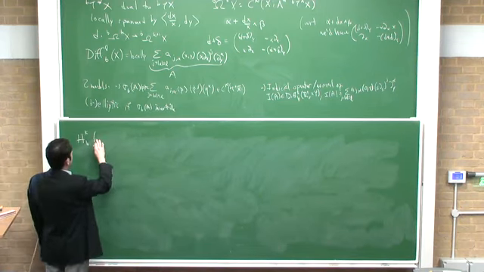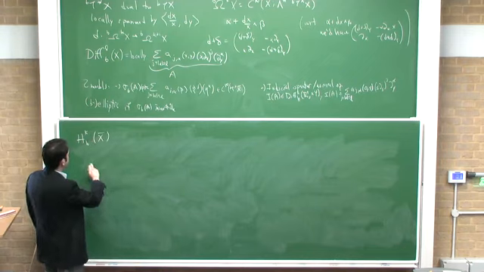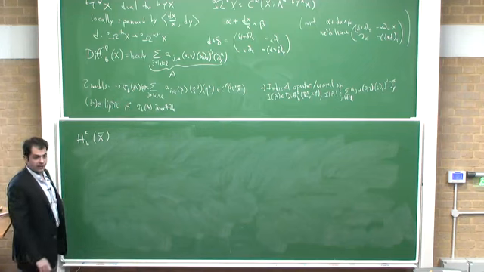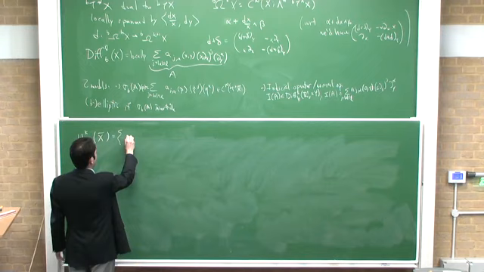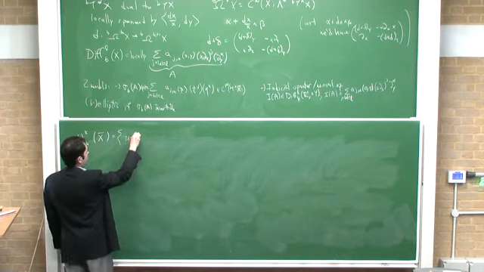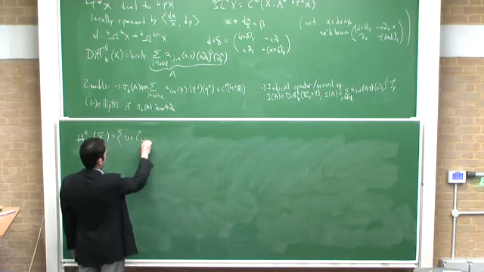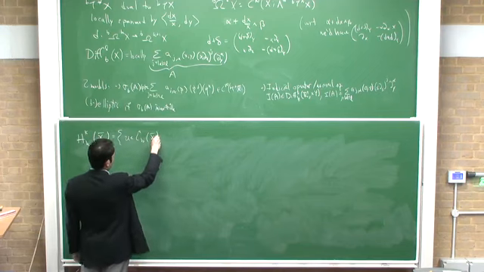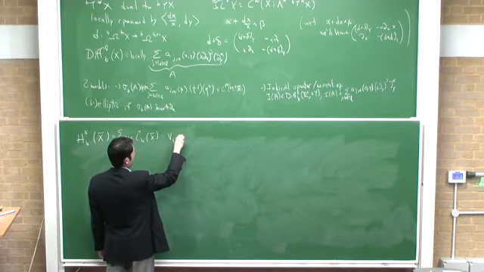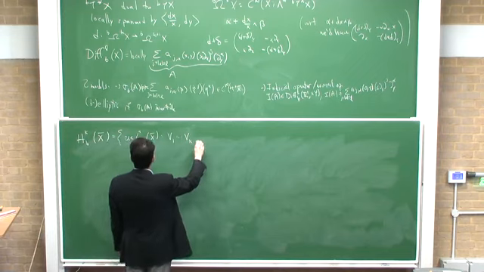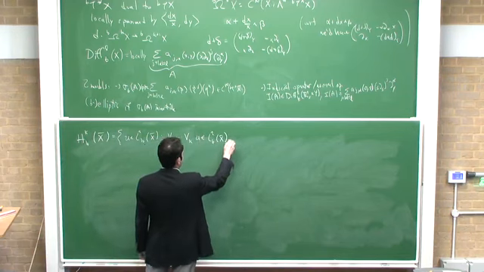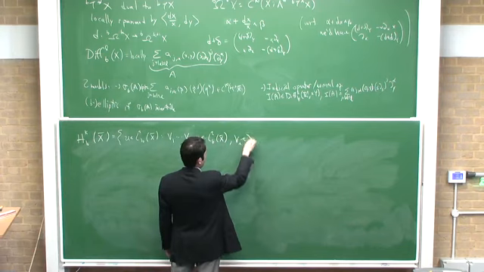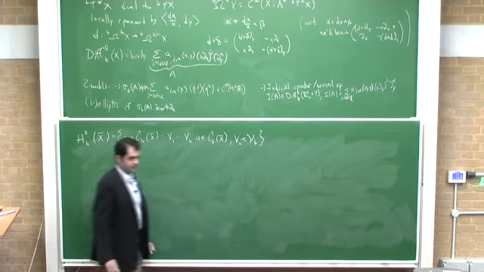So let's stick for the moment to k, a non-negative integer, and this means exactly what you think. You have elements of L2 such that you hit them with k vector fields and you're still in L2, as long as the vector fields are b-vector fields.